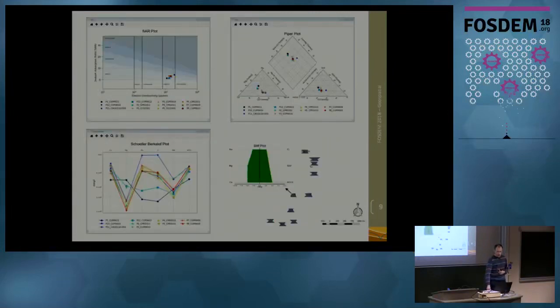I will not go into detail how all the data are inserted and you can manage them. It's all nicely done. Just to show you some outputs that you can easily obtain with the data. So for example, you can get a visual representation of your sodium absorption ratio. You can make a Piper plot.